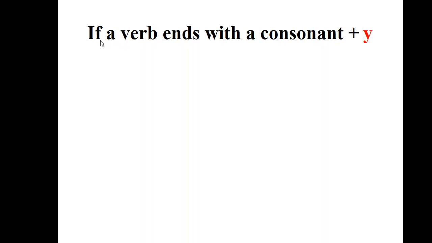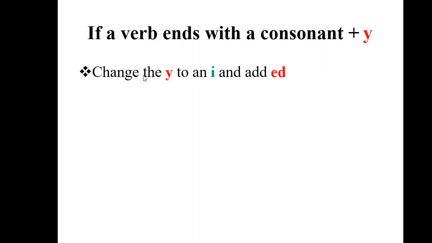Okay, our last point. If a verb ends with a consonant and a Y, you change the Y to an I and then you add ED. Like here, study is studied.